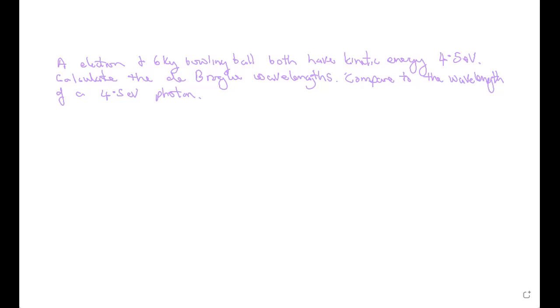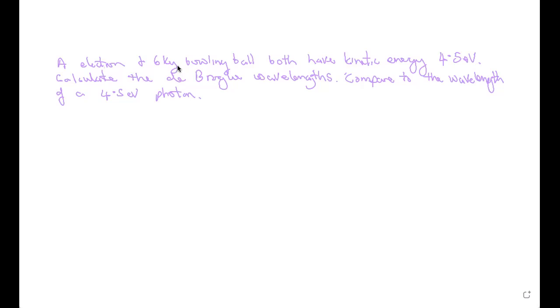So in this particular problem, we're told to consider two particles. One particle is an electron that has a mass that's about 9 times 10 to the minus 31 kilograms. The other particle is a bowling ball that we're told has a mass that's about 6 kilograms.